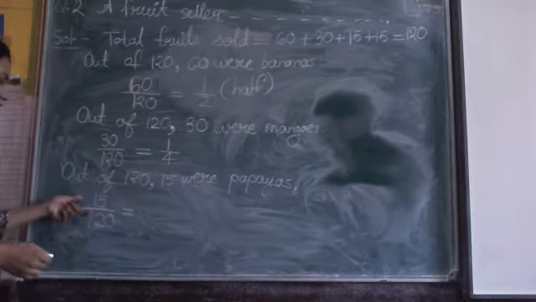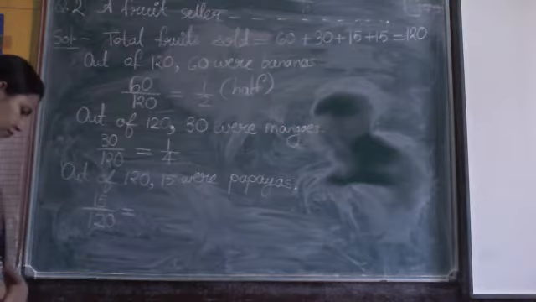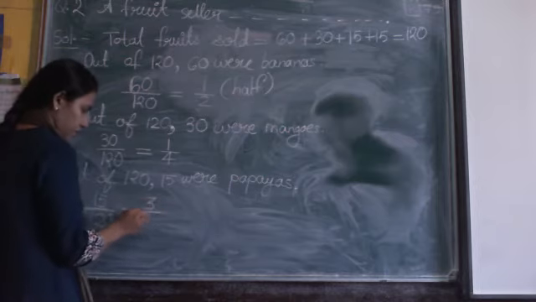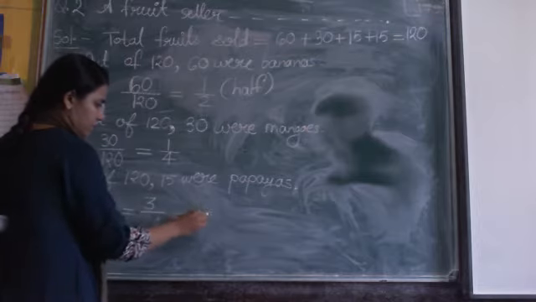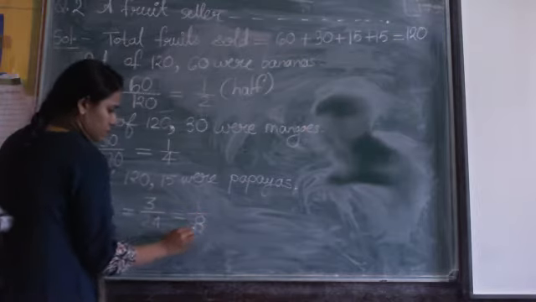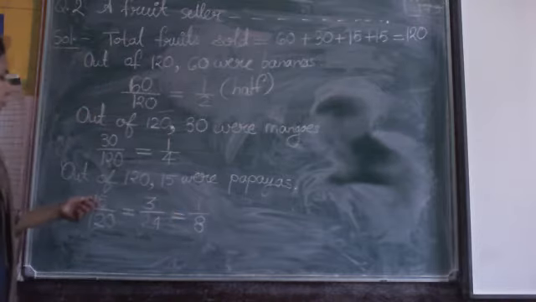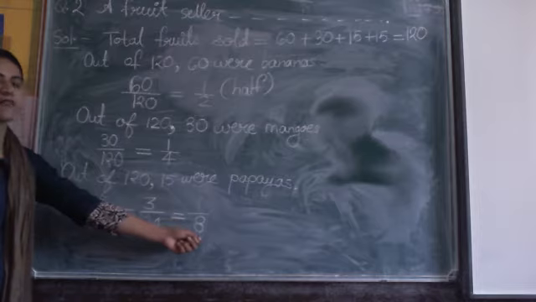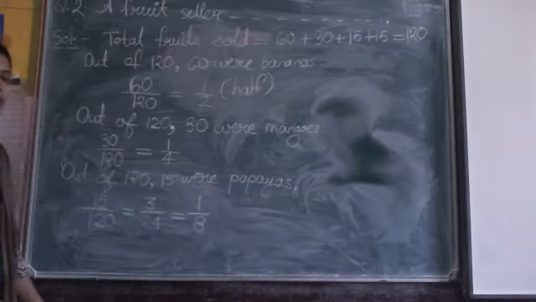Now write 15 upon 120 in its simplest form. So 15 upon 120 will be equal to 1 upon 8 in its simplest form.